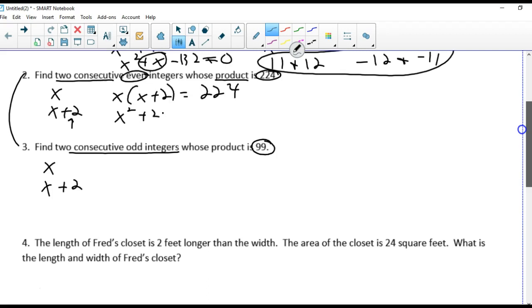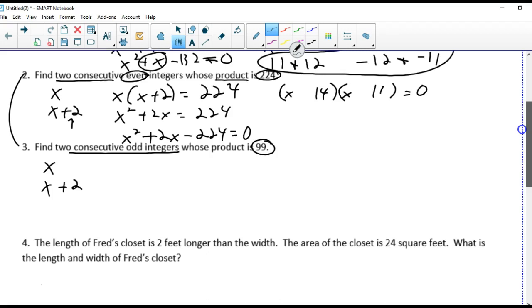x squared plus 2x equals 224. Move the 224 over. Now we've got to find two numbers, and we're just going to use our calculators here, that make 224 that differ by 2. When you do that, you're going to get the numbers 14 and 16. Well, we want more positives and fewer negatives.